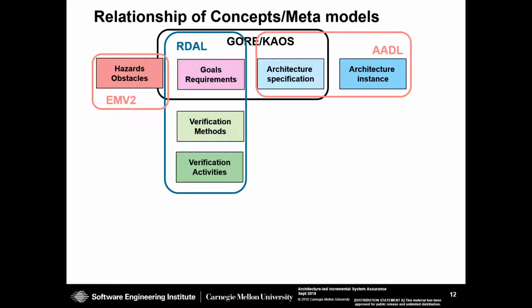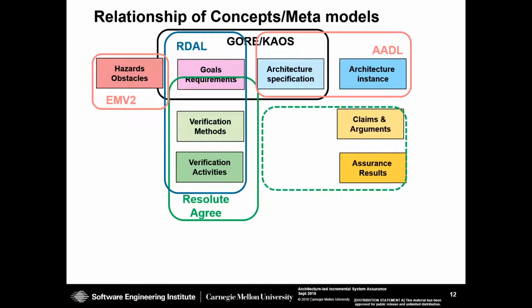We have had a draft proposal for a requirements annex for AADL, which focused on requirement specification, but also on verification of these requirements and characterizing those as well. Then we have tools like Resolute and AGREE, which also cover a very similar space.